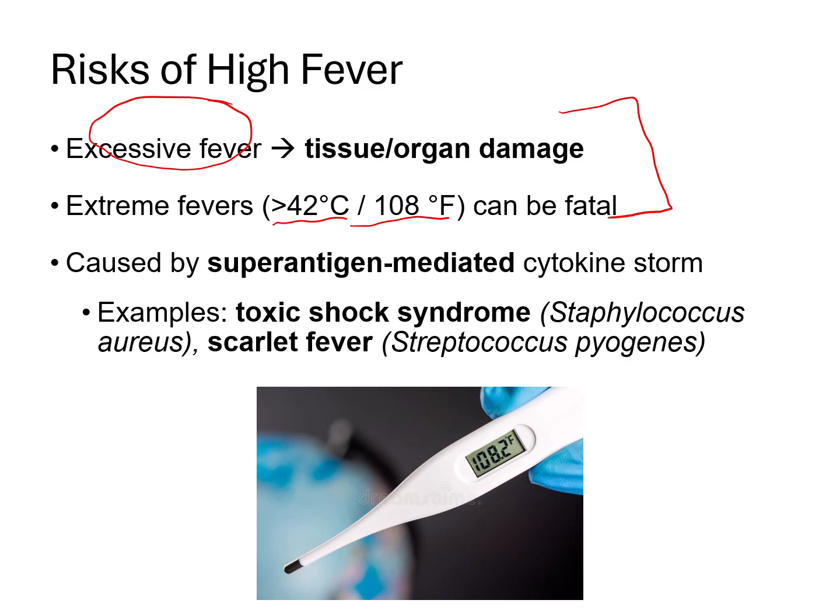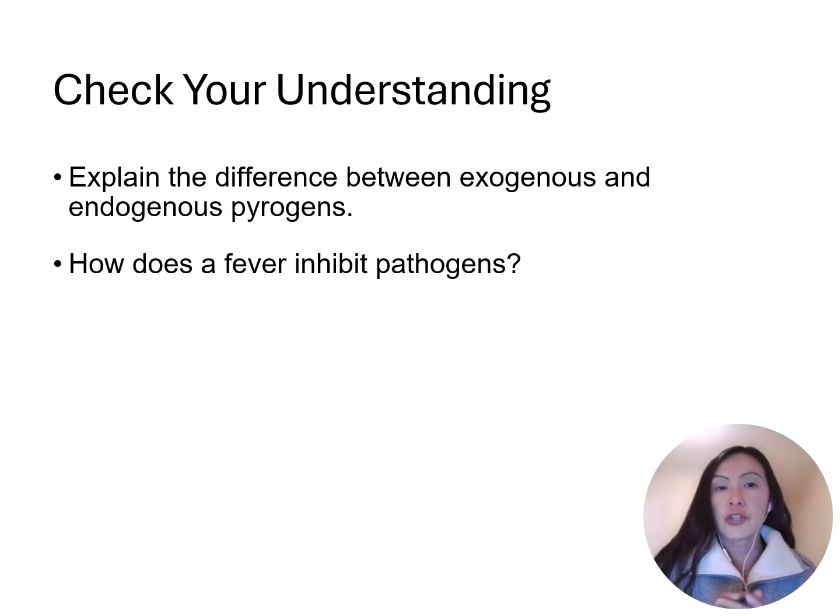Some extreme fevers result from something we've seen before in chapter 15, superantigens and the superantigen-mediated cytokine storm. So these can be a result of toxic shock syndrome caused by Staphylococcus aureus or scarlet fever caused by Streptococcus pyogenes. This checkpoint asks, explain the difference between exogenous and endogenous pyrogens.